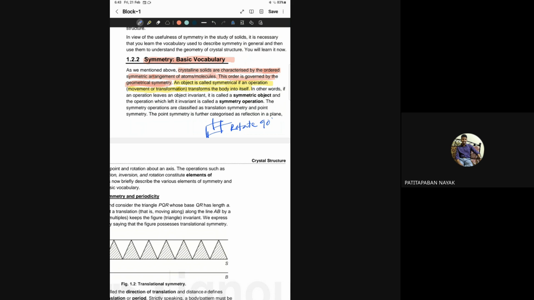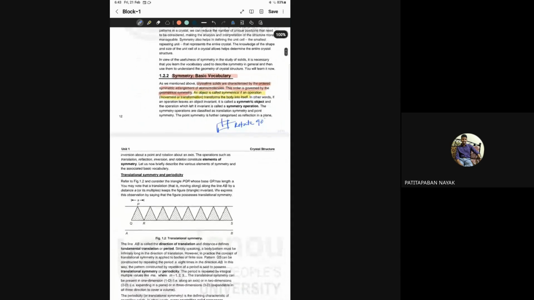So the rectangle is not symmetric under 90-degree rotation. Whereas if we take a mirror, then it will be symmetric. So the basic idea is that an object is called symmetrical if an operation or movement or transformation transforms the body into itself, or the object remains invariant under that.